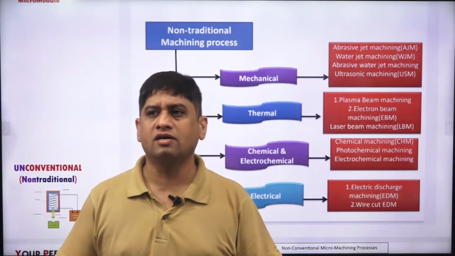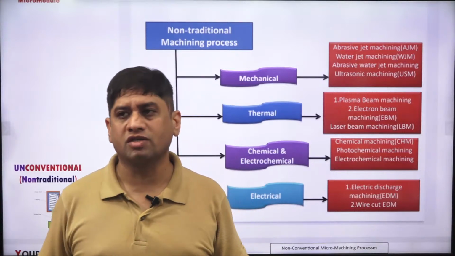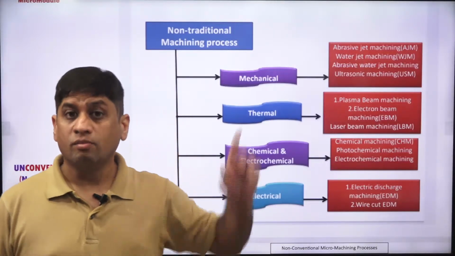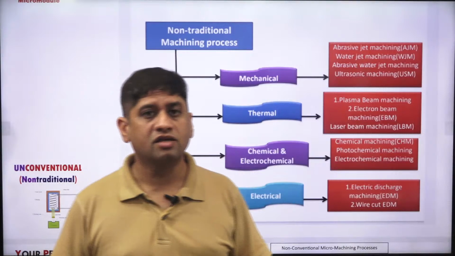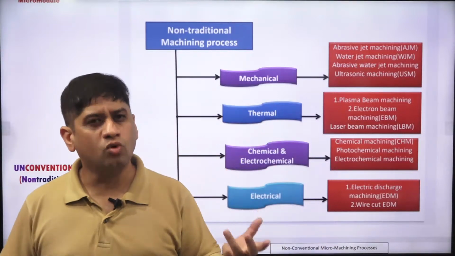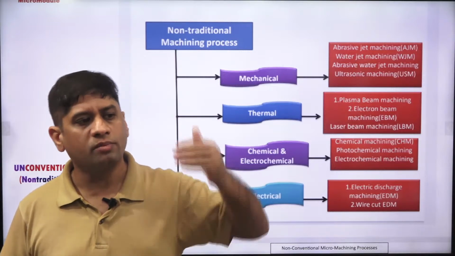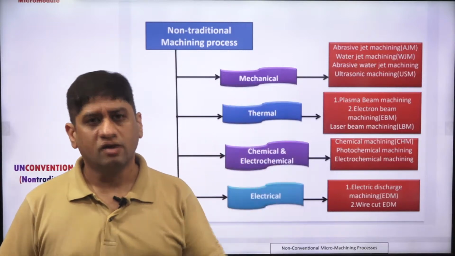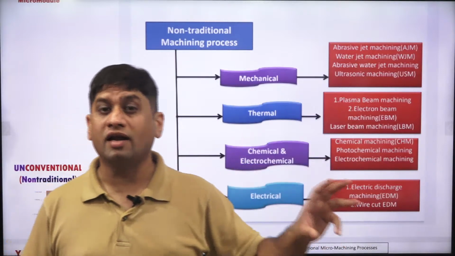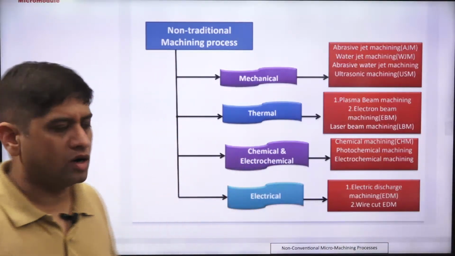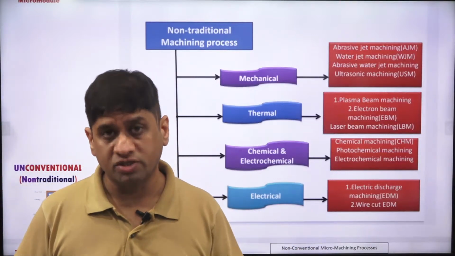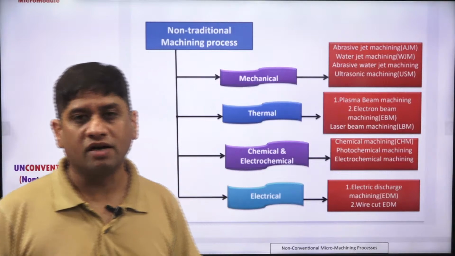We know that in traditional machining processes, the hardness of the tool should be more than that of the workpiece. But in non-traditional machining, different modes of energy are used, not only the plastic deformation mode used in traditional machining. This is used to machine even materials which are difficult to machine, like ceramics and brittle materials.